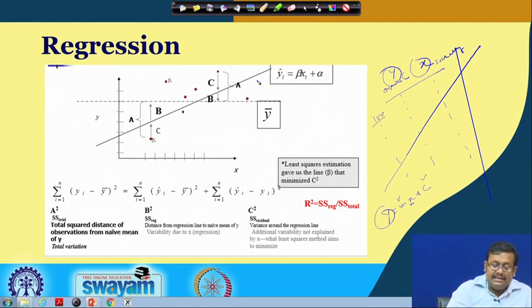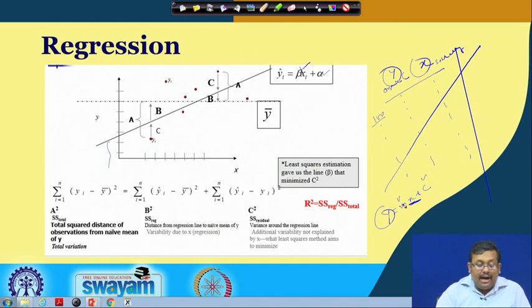As you can see here, this is the straight line and it has the representation y = βx_i + α, where α is the offset and β is the slope. This is the simplest form of regression, and when there is more than one predictor variable, we call it multiple linear regression.